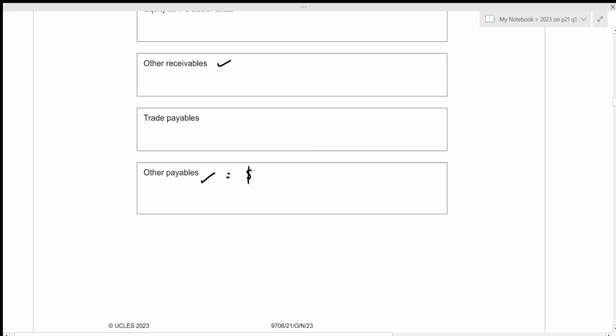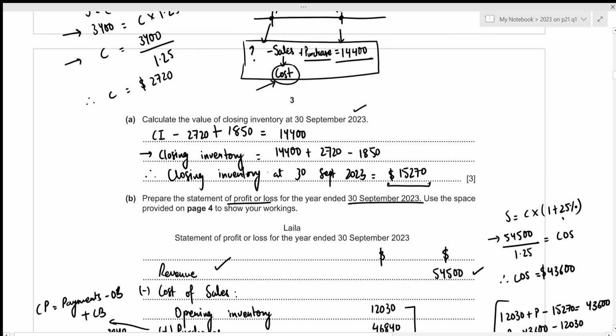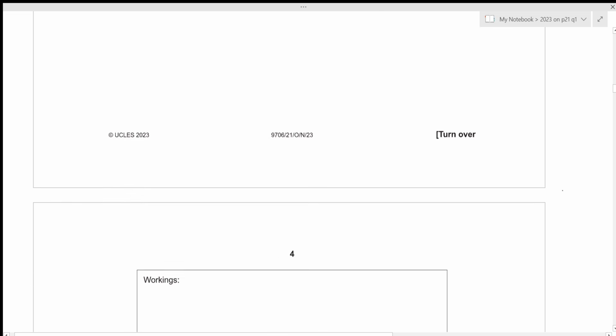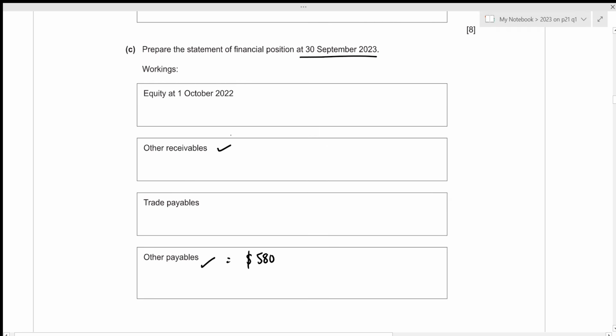So other payables is just going to be a 580, which is the light and heat outstanding amount at our closing date. And for our other receivables, we have already calculated that there was an insurance prepayment of 320. So we have already paid this amount of 320, but we are yet to receive the services for it, which will make this other receivable. So our other receivables is just going to be of 320, which is from the insurance prepayment.